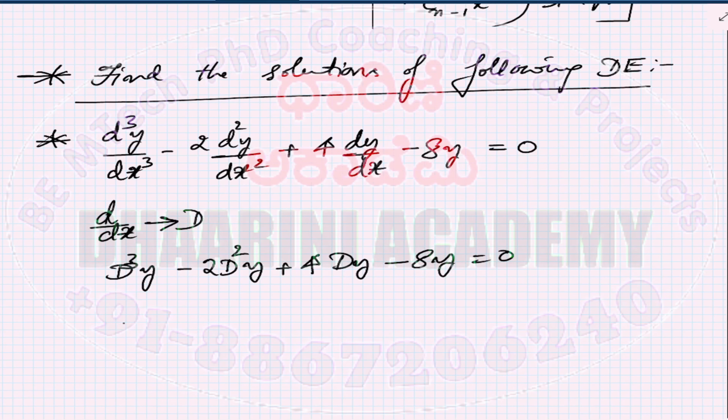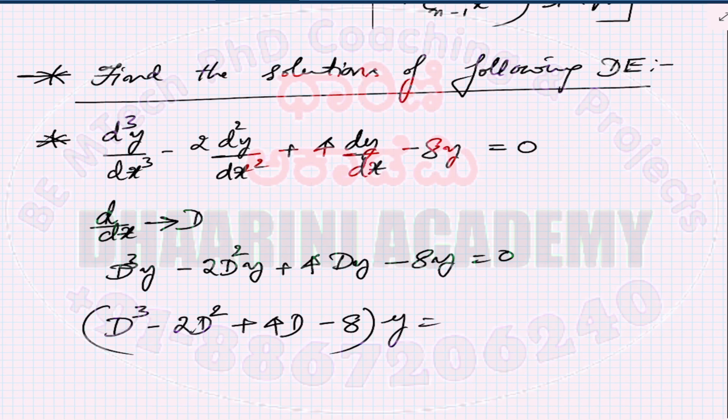Now I take y common outside: D cube minus 2D square plus 4D minus 8 into y is equal to 0.